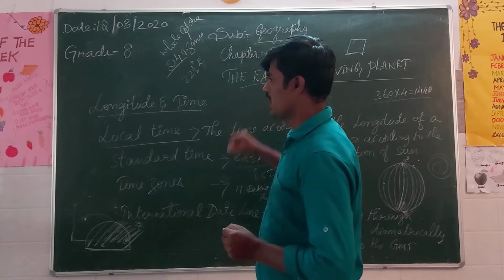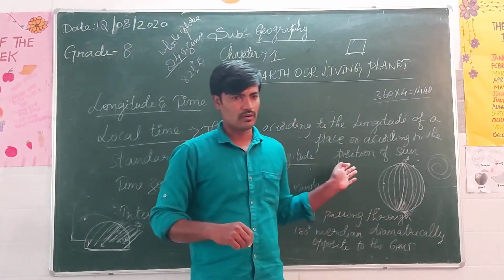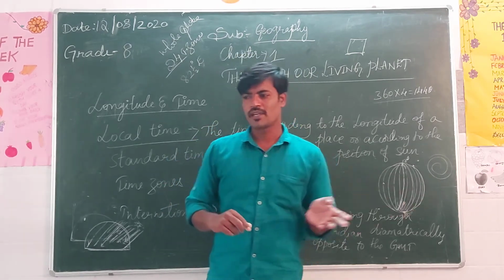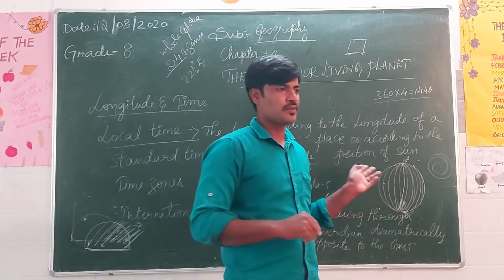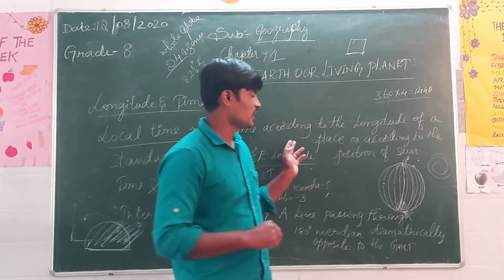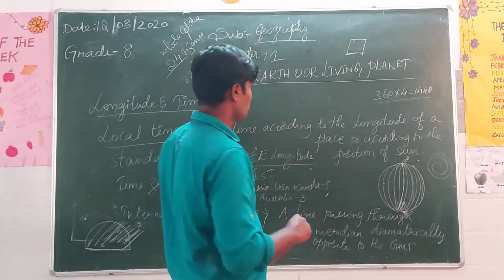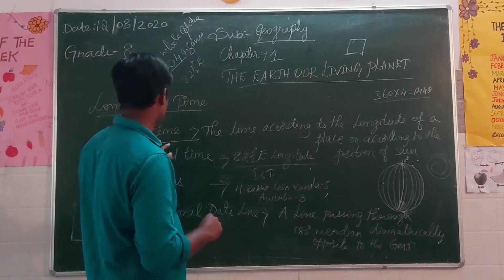For example, in India we have 12 noon. In America, we can see what the timing is now. We can see a 4 hour difference. So that is the time difference. They are behind, we are ahead. Okay, so that is about the local time.